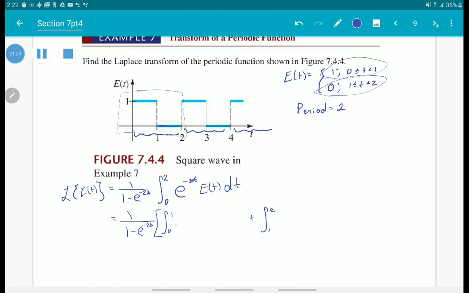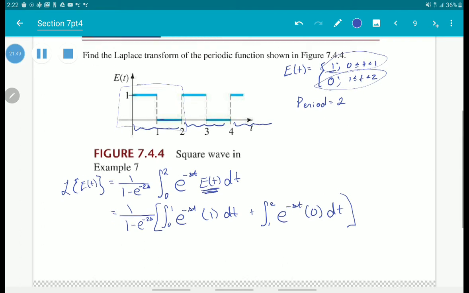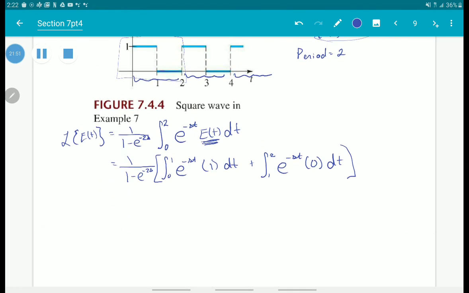So for 0 to 1, we have e to the negative st. Between 0 and 1, e of t is 1. From 1 to 2, e of t takes on a value of 0. So that integral would just be 0, so I'm just going to mark it out.